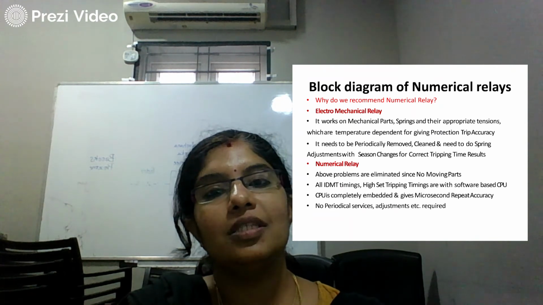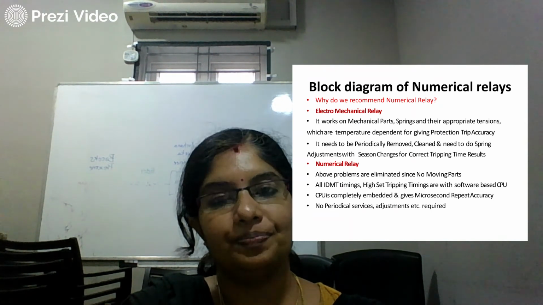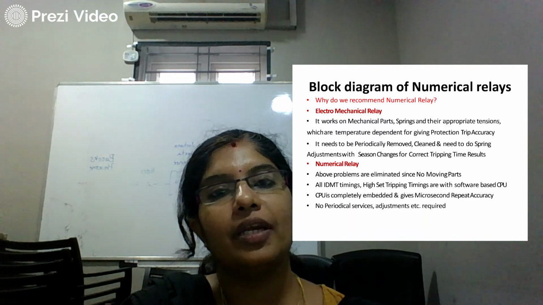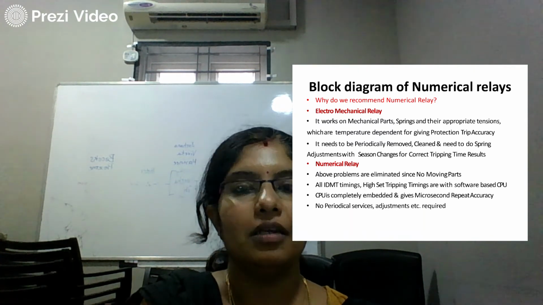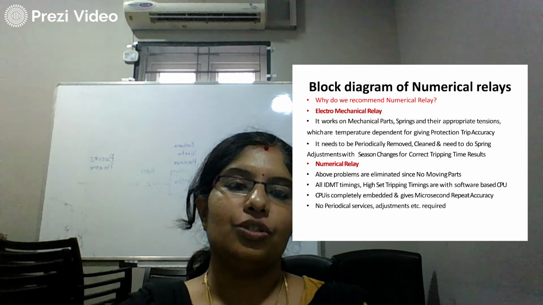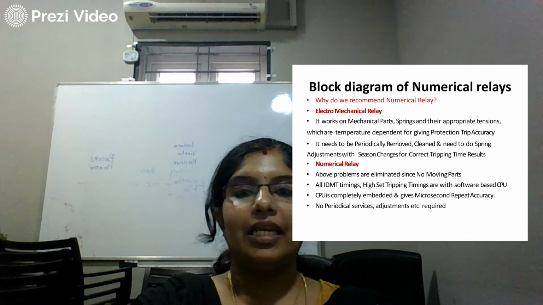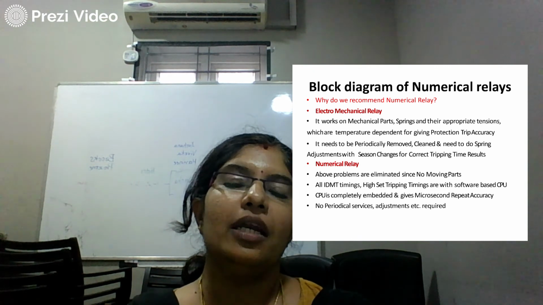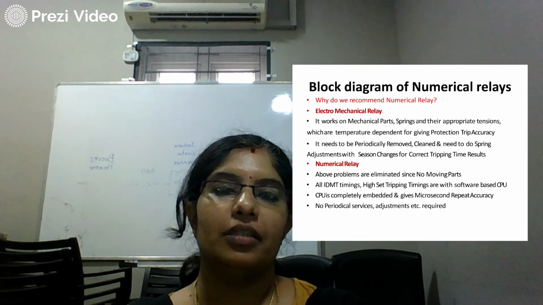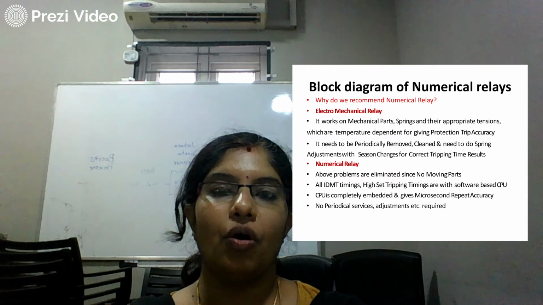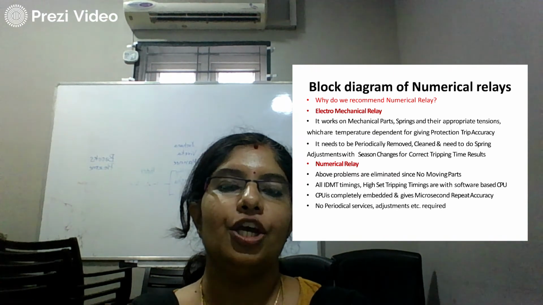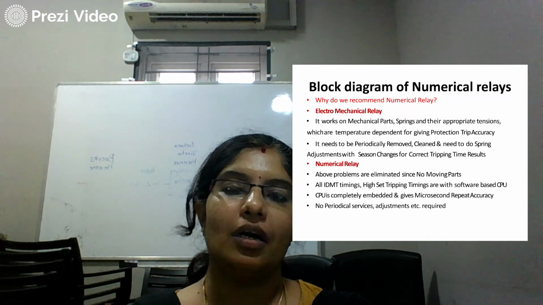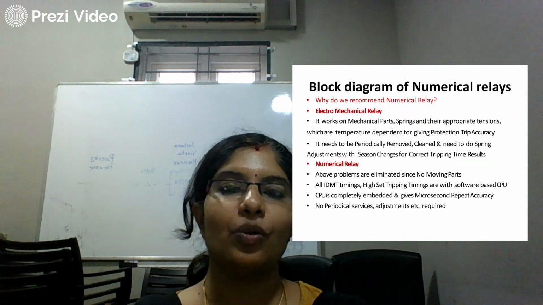The time taken for the processor to do such calculations is shorter compared to electromechanical relays, so accuracy can also be increased when you go for a numerical relay. From the servicing point of view, a numerical relay need not be serviced on a very frequent basis.